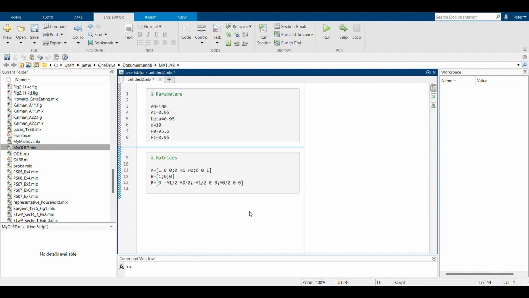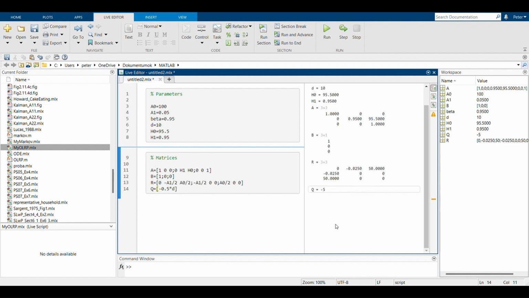Okay. Q is very simple. Minus D over 2. We don't need to give it as a 1-1 matrix, but why not? Okay, and here we can run the script to have everything ready to be applied.